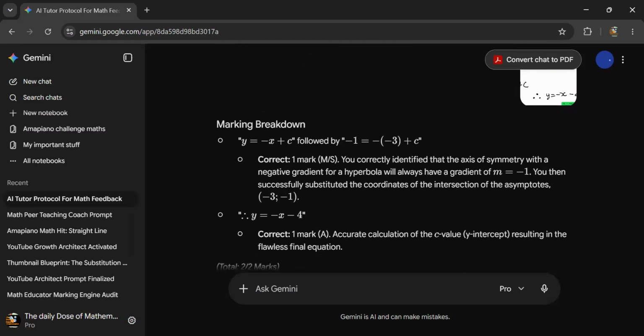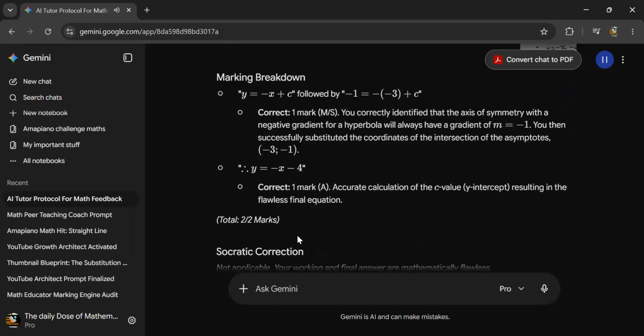Marking Point 2 breakdown: y equals minus x plus c, just plug in, followed by -1 equals -3 plus c. Correct. 1 mark, M. You correctly identified that the axis of symmetry with a negative gradient for a hyperbola will always have a gradient of m equals -1. You then successfully substituted the coordinates of the intersection of the asymptotes, (-3, -1).